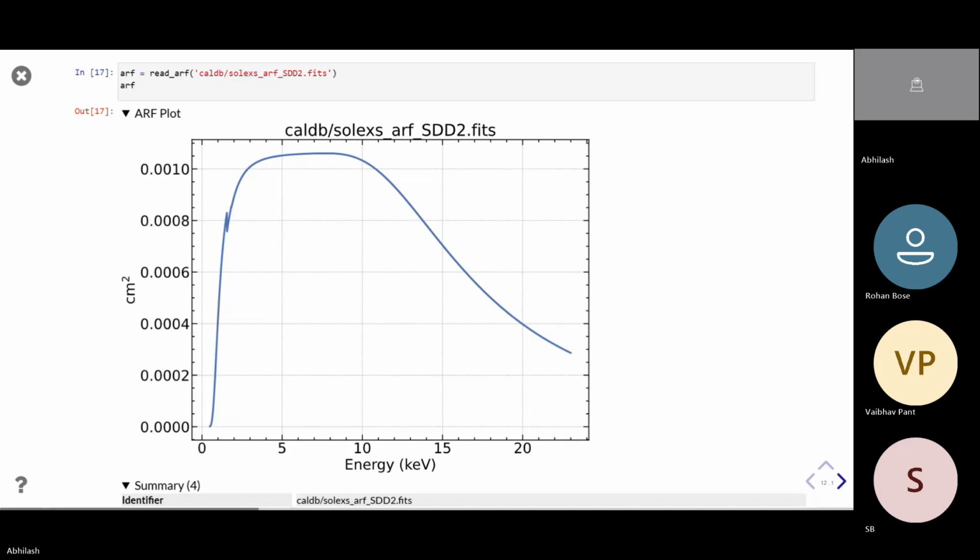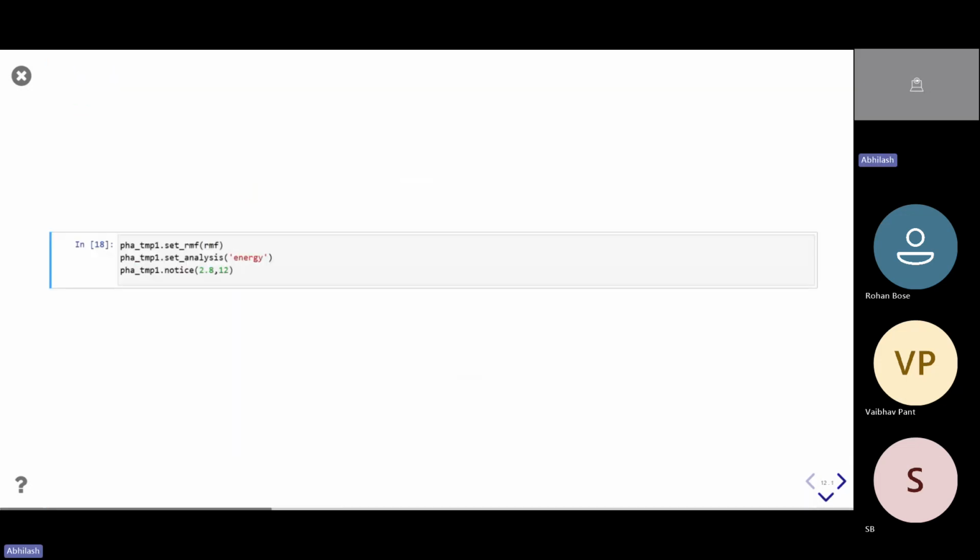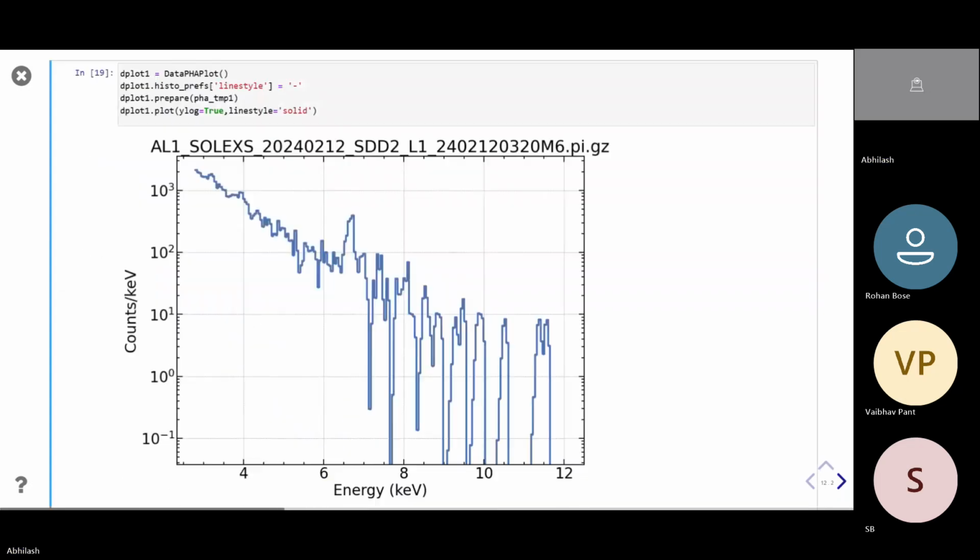Right. So we can use this with the RMF and ARF files. Let us just load the RMF file and see what happens. We can load the RMF file and convert the x-axis to energy scale. What the RMF tells you is the channel to energy relationship. The raw data is in channel space, and the RMF gives the relationship between channel and energy.